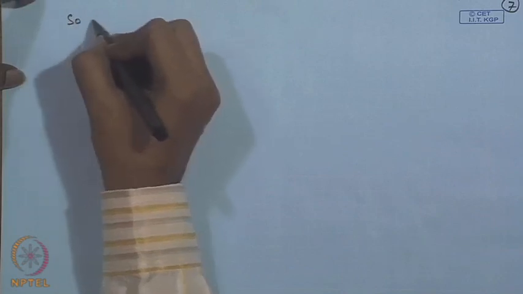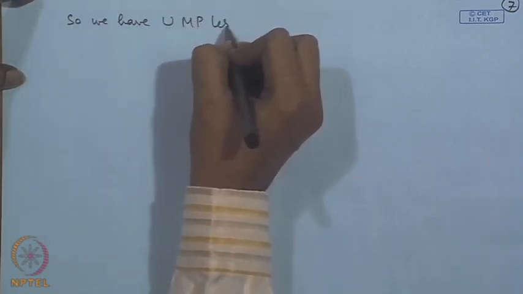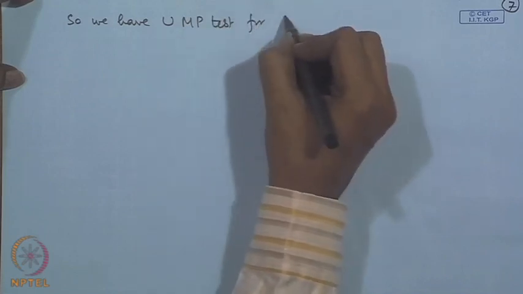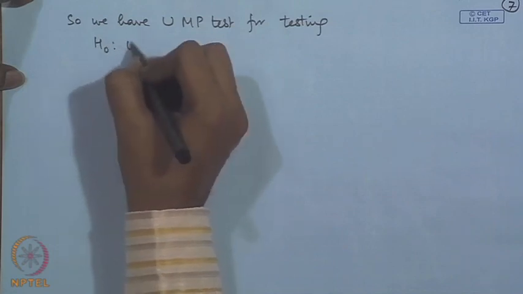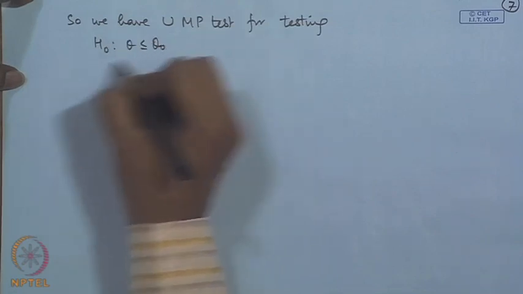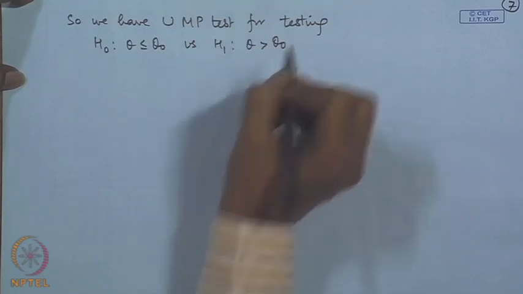So, we have UMP test for testing say h naught theta less than or equal to theta naught against say h 1 theta greater than theta naught.